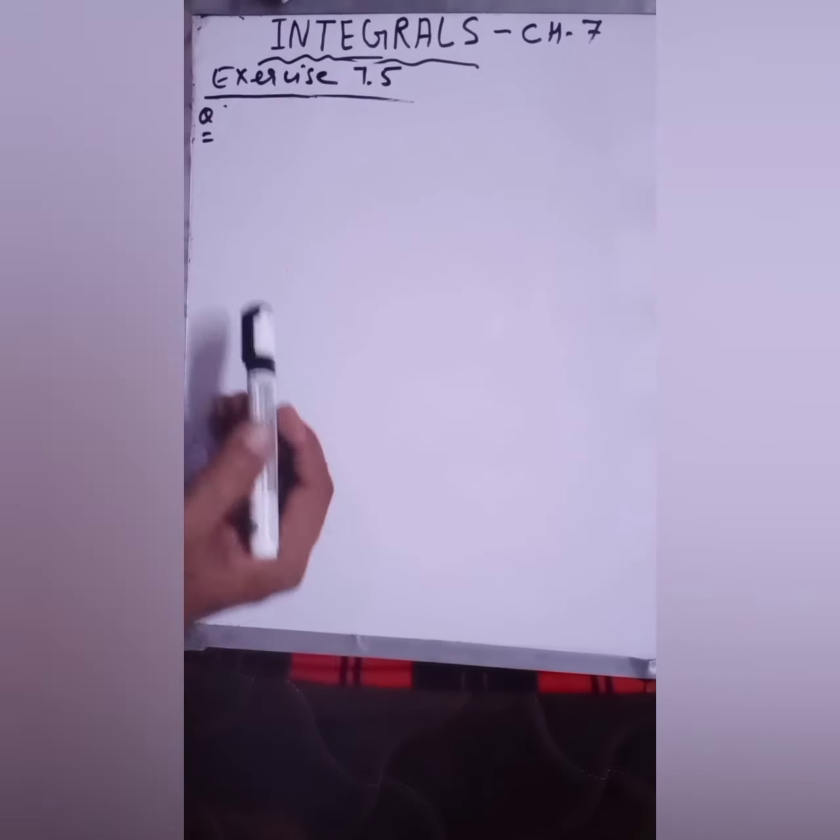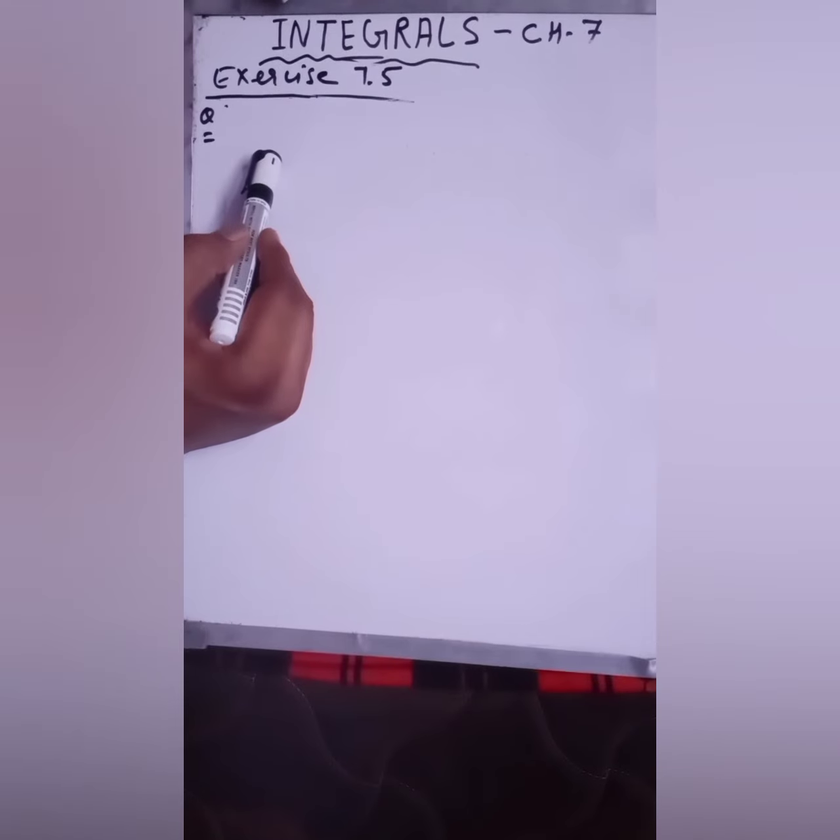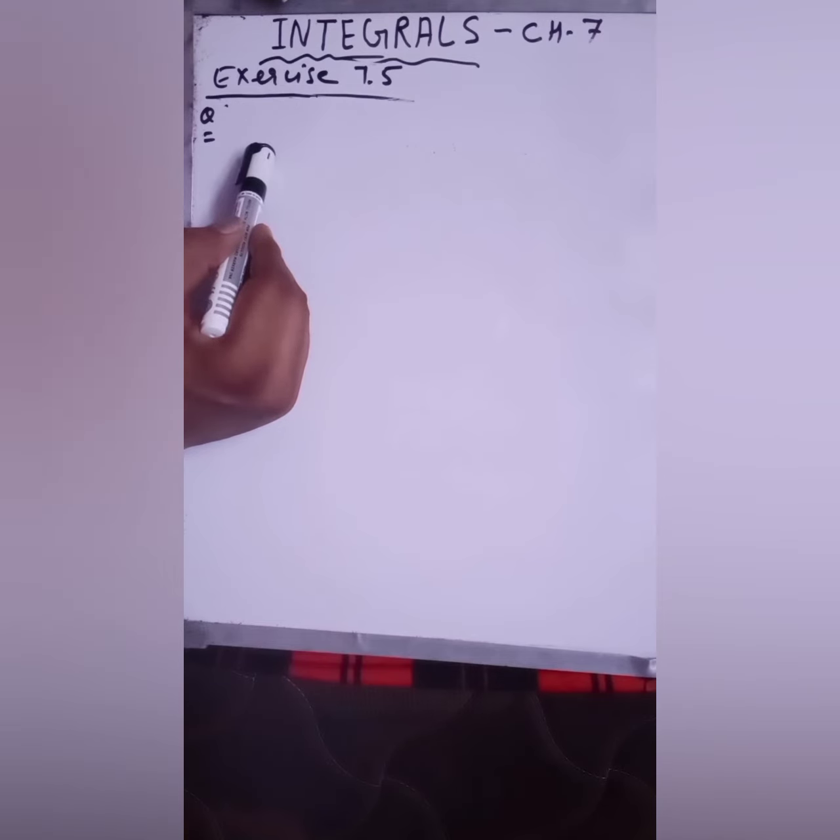After that, children, question number 3, question number 4 and question number 5 are very simple questions, and you can solve all these three using the same concept which we have used in question number 1. In question number 5, you just have to split the middle term of the denominator.